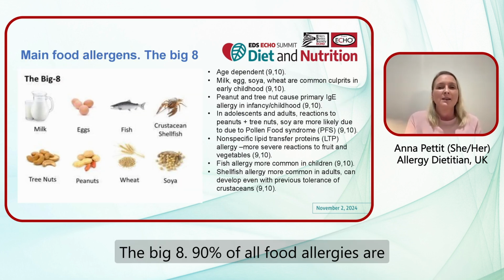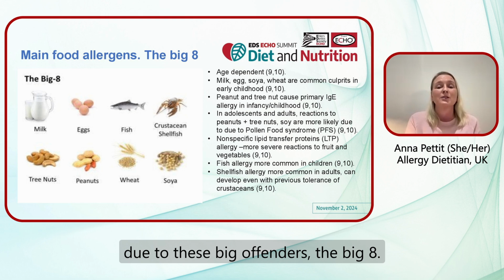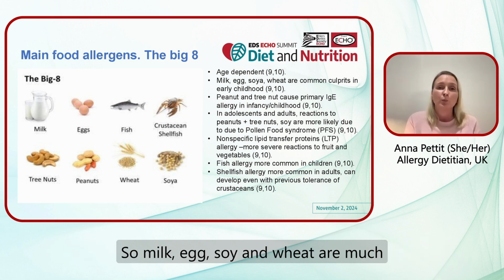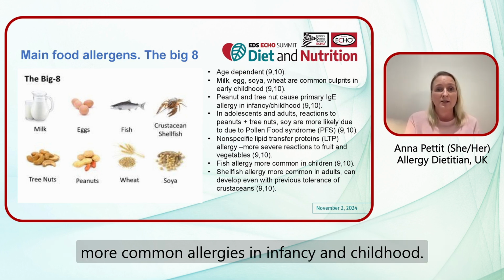So the big eight, 90% of all food allergies are due to these big offenders. There is some age dependency in food allergy that we see. So milk, egg, soy, and wheat are much more common allergies in infancy and childhood.